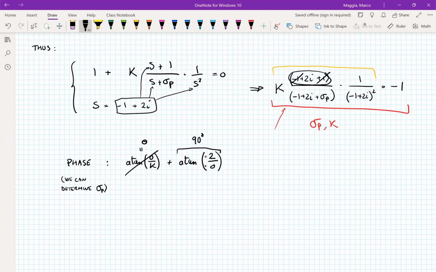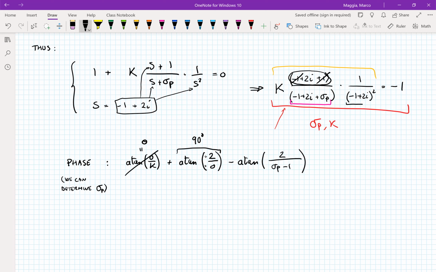We don't have anything else at the numerator, so we have to look at the denominator. Now at the first complex number at the denominator that we're finding is minus 1 plus 2i plus sigma p. So we have minus arctangent, and the minus is because, once again, we are at the denominator. Imaginary part, which is 2, over real part, that is sigma p minus 1.